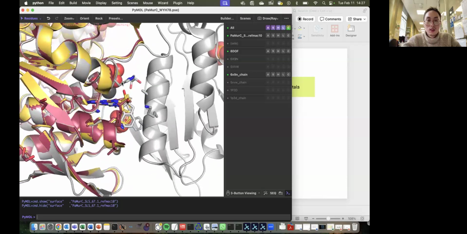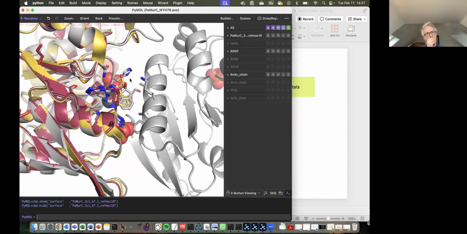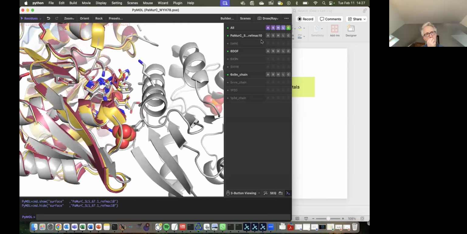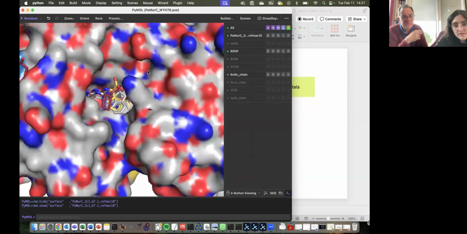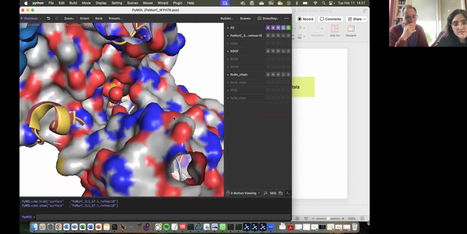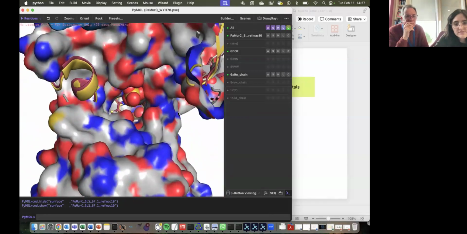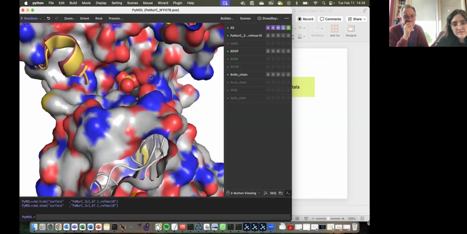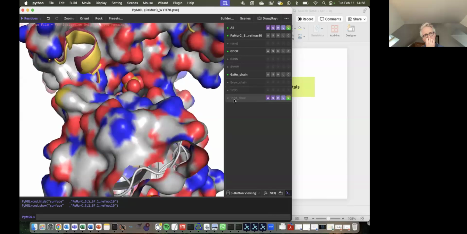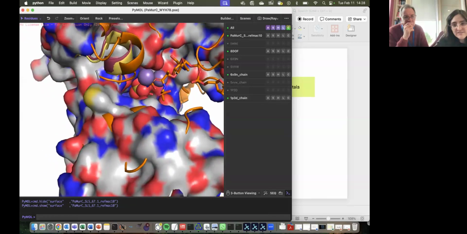Can you just go back to the other pocket a second, the substrate pocket? Right, so here. The substrate will be here, sitting around there.